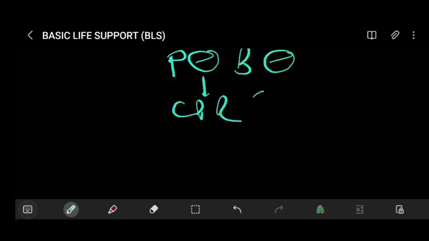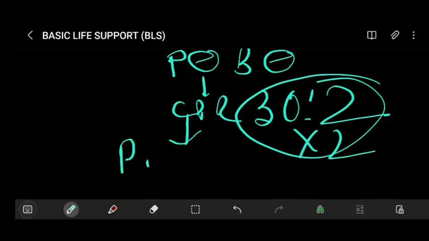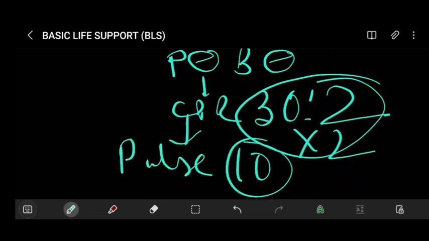Now, pulse absent, breathing absent: CPR 30 to 2, and you give it for 2 minutes, then check the pulse again and go back to CPR within 10 seconds. If you are exhausted and have a companion, he will give the chest compressions and you give the rescue breaths.